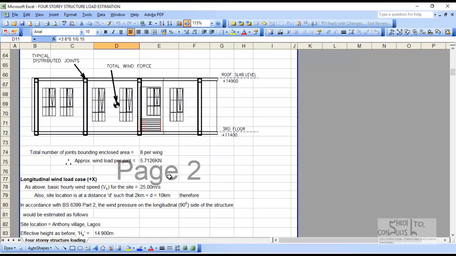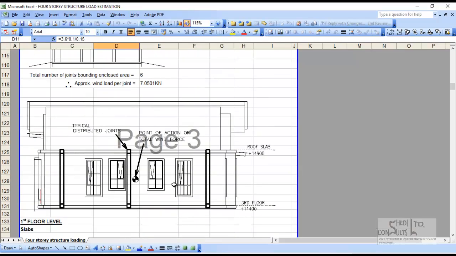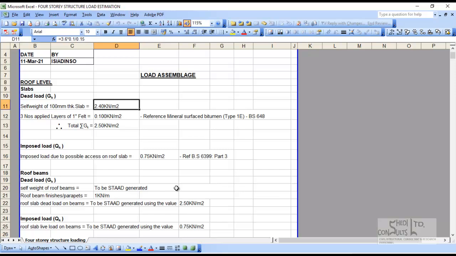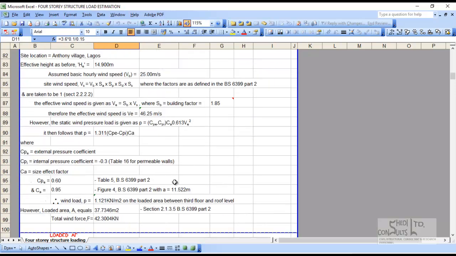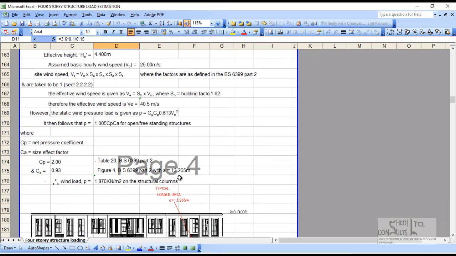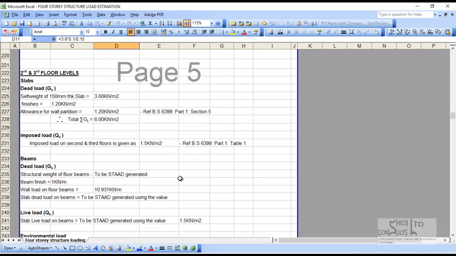Now, on the 3rd floor, okay, so dead load, the total dead load, 6 kilograms per meter square. The total slab imposed load. So let's create the slab dead load on the 3rd floor beams.